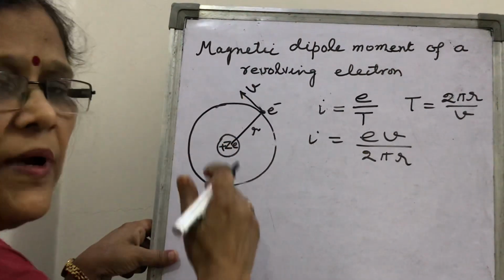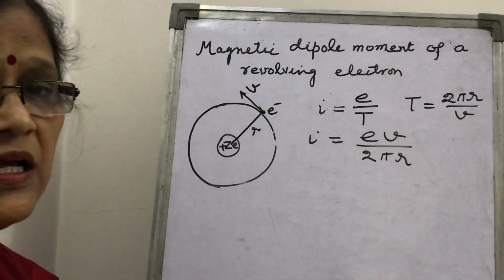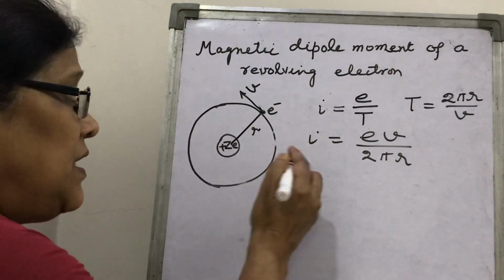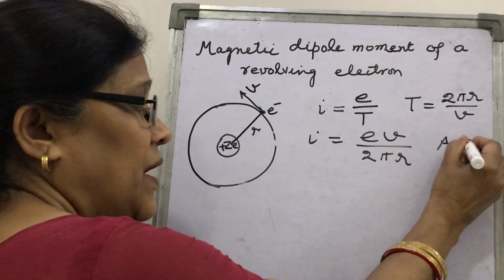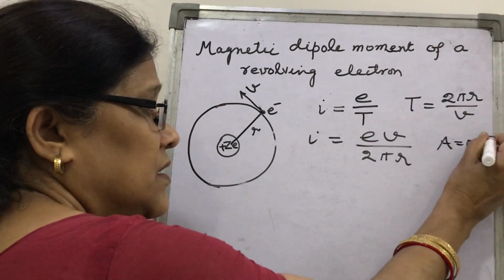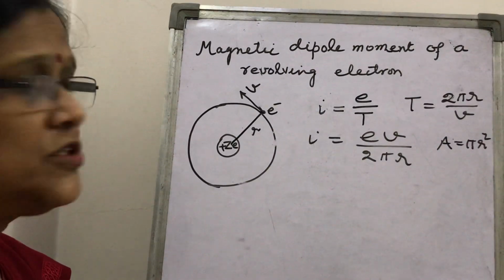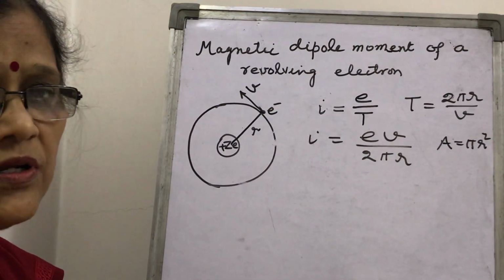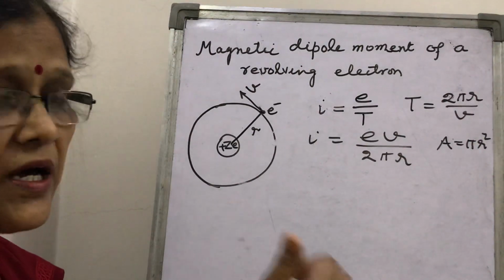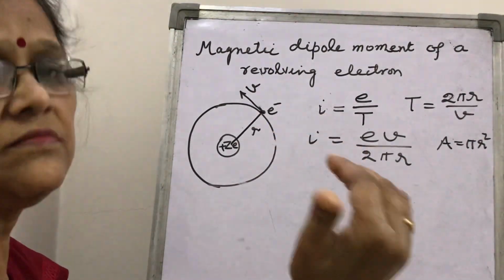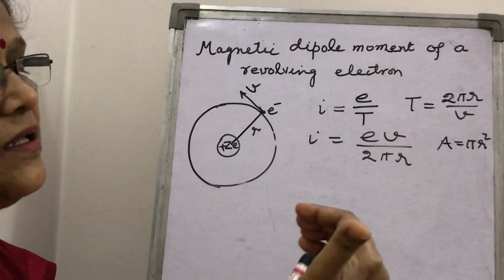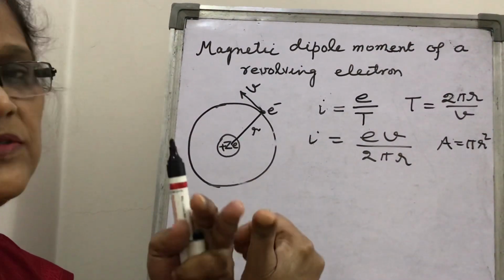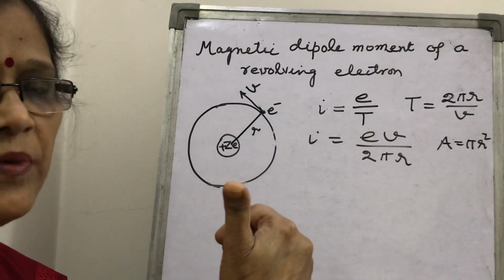Now, what will be the magnetic moment? You know, magnetic moment is I into A. What is area? Area is given by pi r square. So, for the magnetic moment associated with the electron, if the current is flowing through any circular loop, then the curling of the fingers is in the direction of current and the thumb gives the direction of magnetic moment.